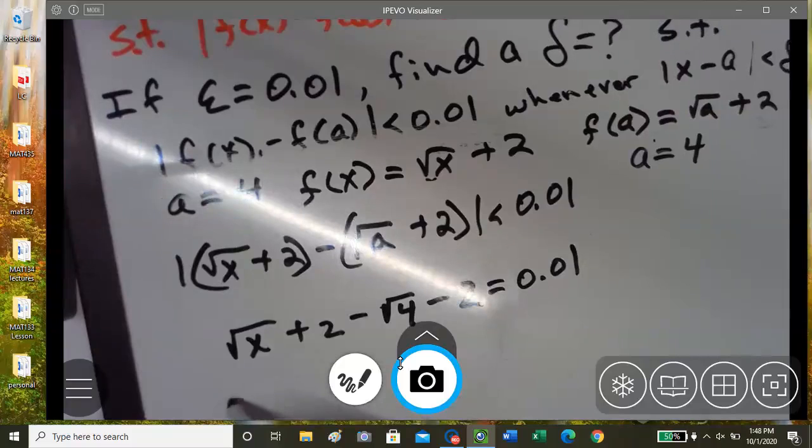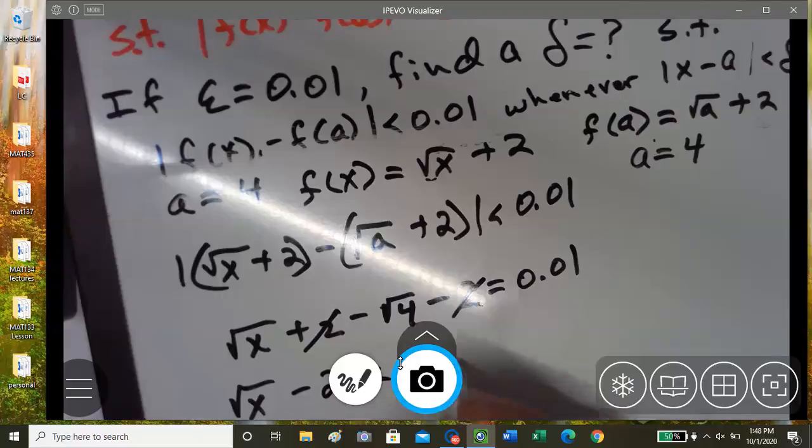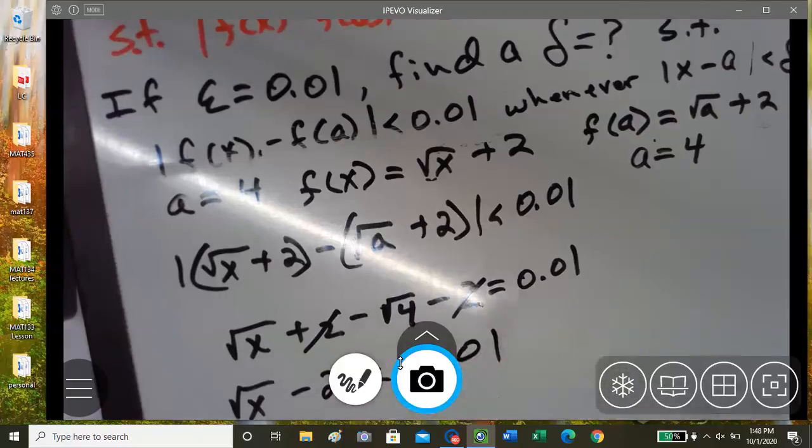So this will be the square root of x plus 2, and plus 2 and minus 2 are going to cancel out, right? So the square root of 4 is 2. So that will be square root of x minus 2 equals 0.01.